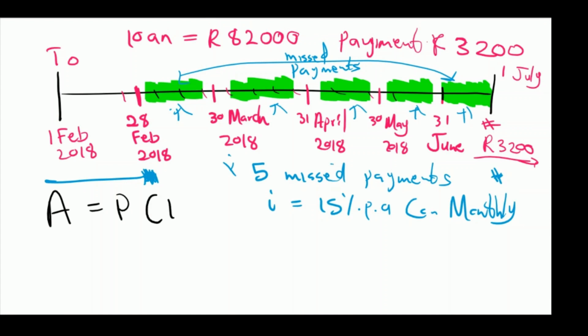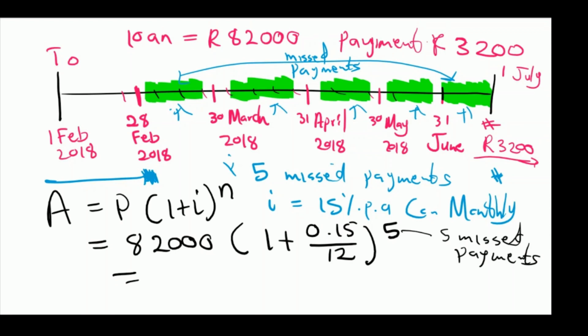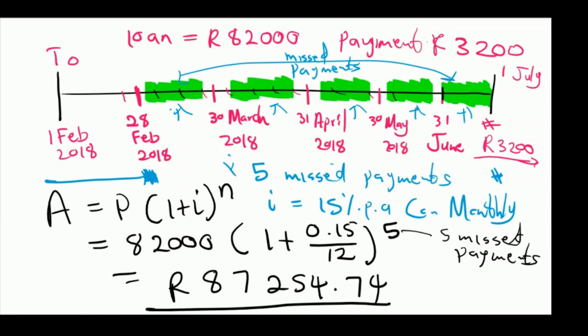So it's P into 1 plus i to the power of n, and the loan that she took is 82,000 rand into 1 plus the interest rate 0.15 divided by 12, because it's compounded monthly, to the power of 5. This 5 means the 5 missed payments, just so you know. Then you punch your calculator. You should get 87,254.74. So this is the amount that she owes the bank since she missed 5 payments.